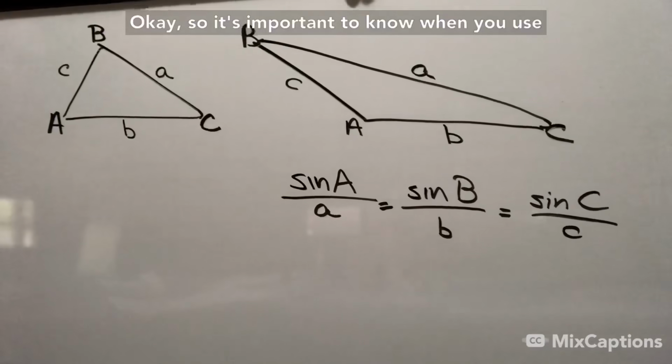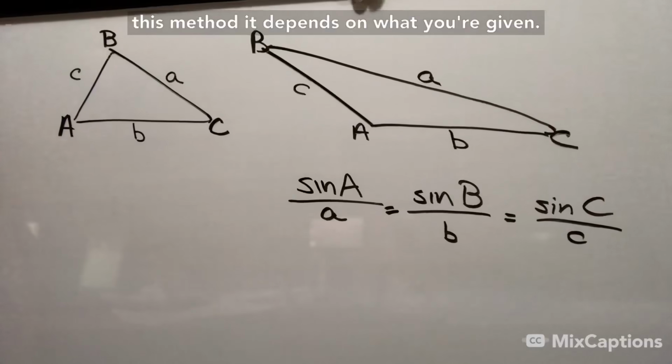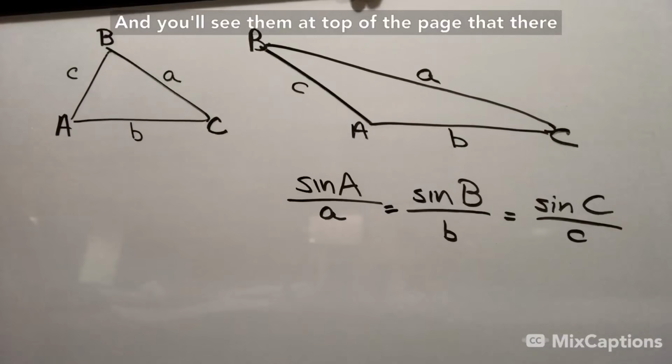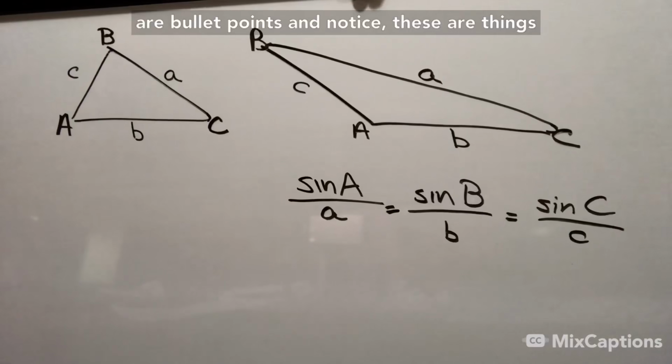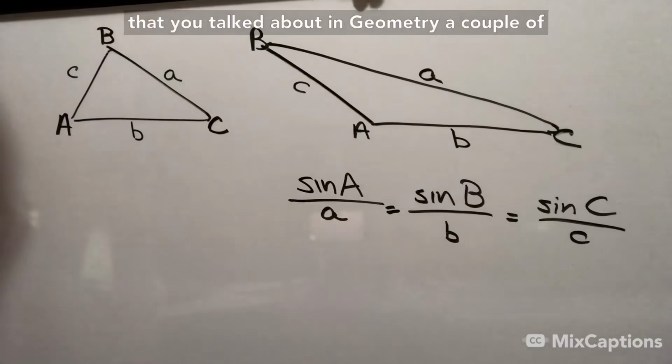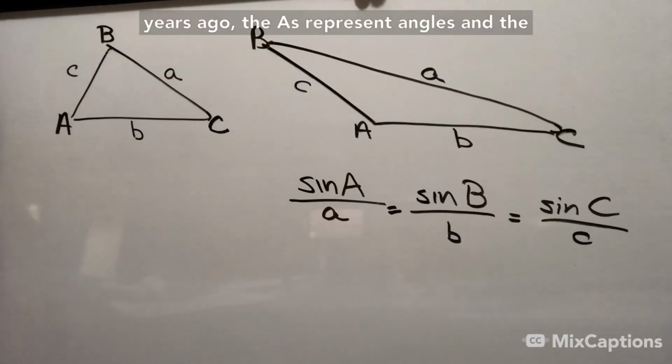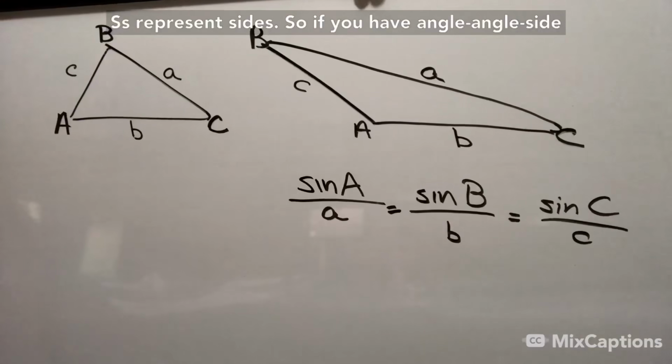Okay, so it's important to know when you use this method. It depends on what you're given, and you'll see at the top of the page that there are bullet points. Notice these are things that you talked about in geometry a couple years ago. The A's represent angles and the S's represent sides.